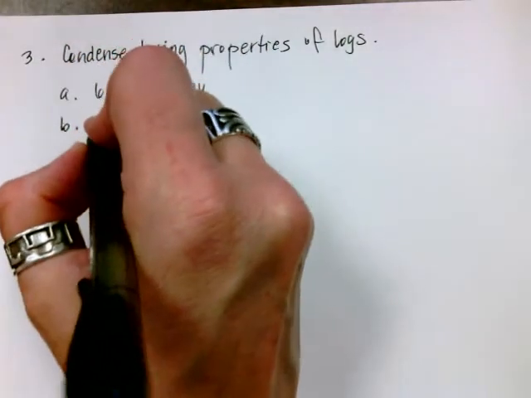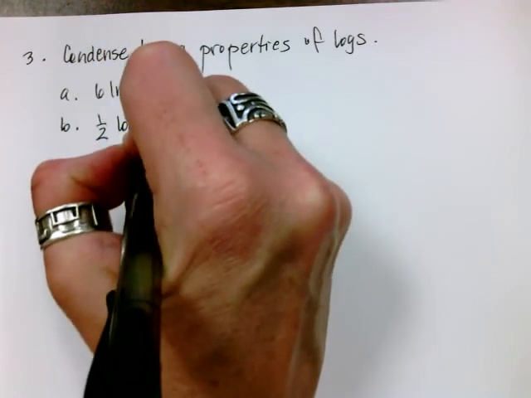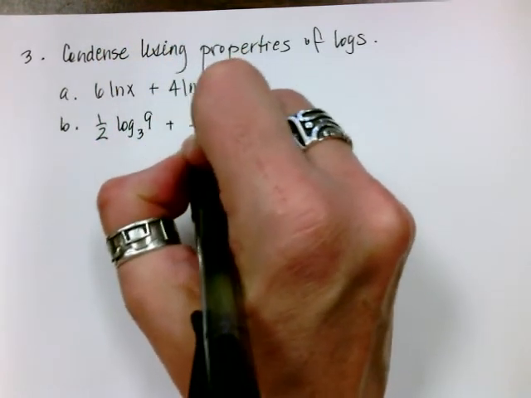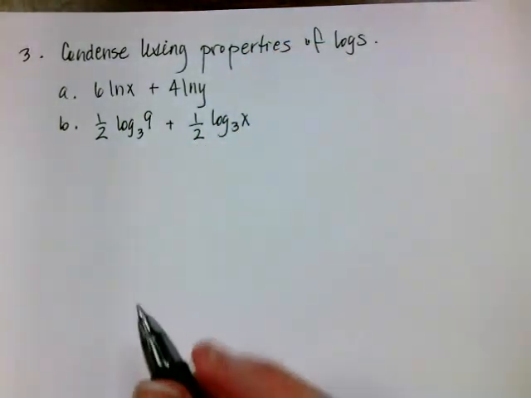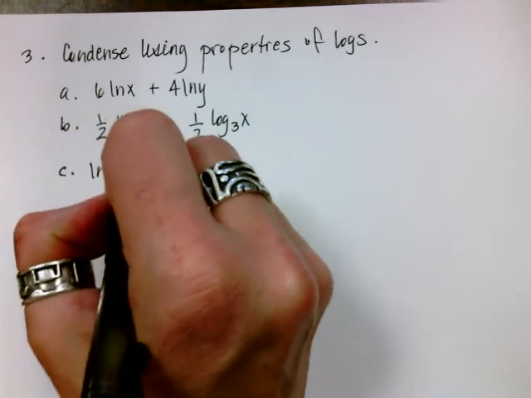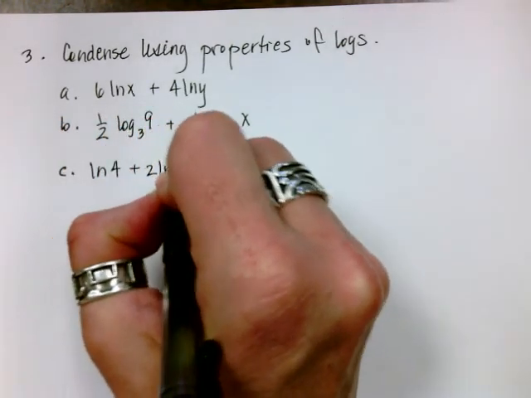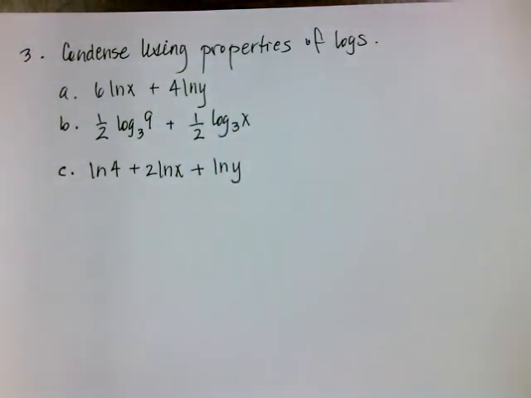B is going to be 1/2 log base 3 of 9 plus 1/2 log base 3 of x. And then C is the natural log of 4 plus 2 natural log x plus the natural log of y.